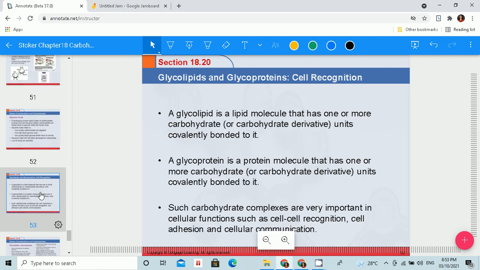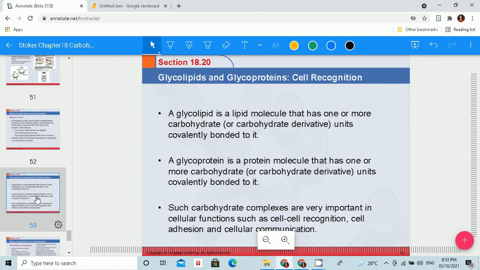Sugar is our glucose. And then we have a glycolipid, a lipid molecule that has one or more carbohydrate or carbohydrate derivative units covalently bonded to it. Then we have a glycoprotein, a protein molecule that has one or more carbohydrate or carbohydrate derivative units.